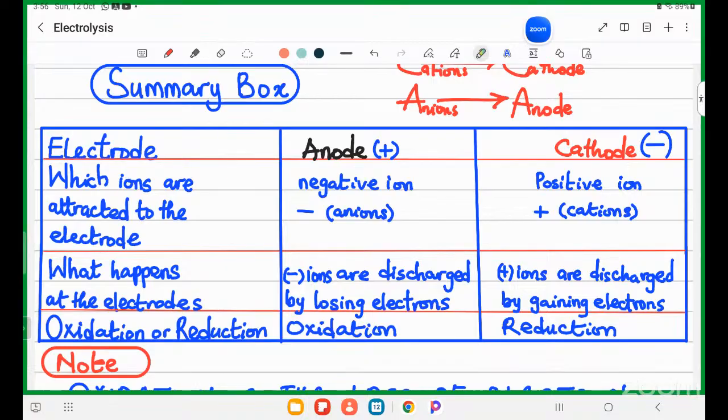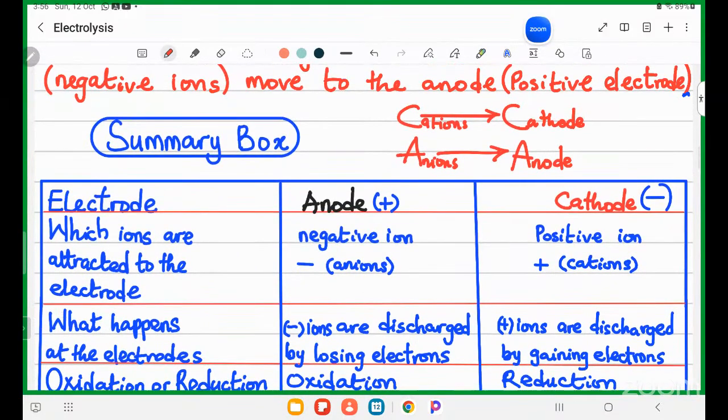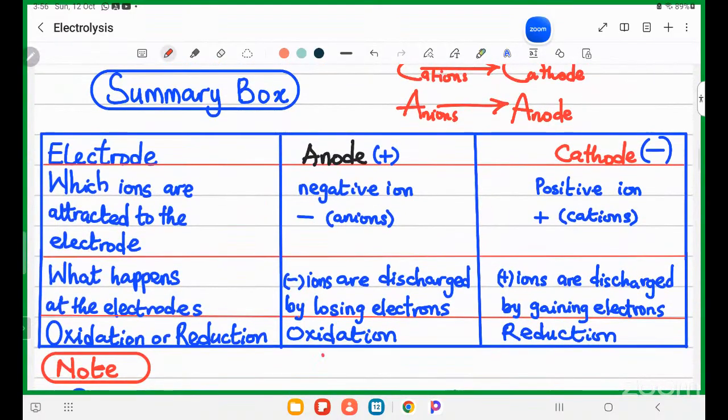Oxidation is the loss of electrons, and the gain of electrons is known as reduction. So reduction occurs at the cathode, while oxidation occurs at the anode. We normally use this code to understand that. That is CRAO.